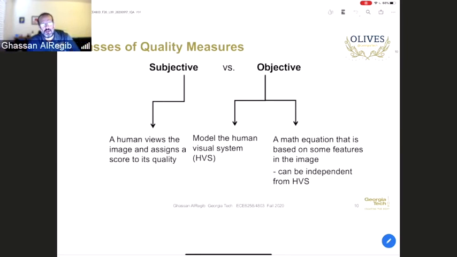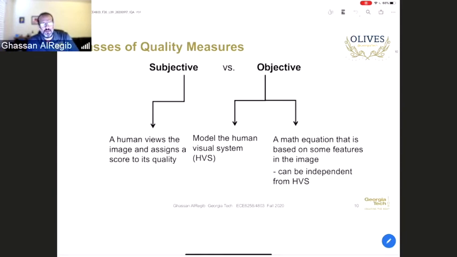That's really the ground truth, the ultimate quality measure. However, it's very obvious you cannot have enough time and human hours to evaluate all those images. And in real-time applications, it becomes extremely impossible. So we have to resort to objective measures.